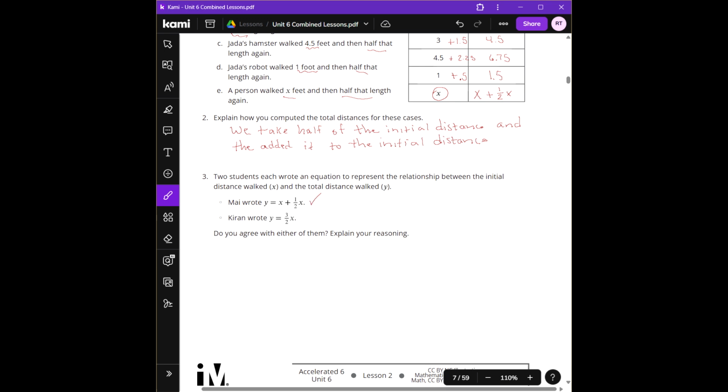Basically, if we look at y equals 3/2 x, then what we can do is turn it into a mixed number, y equals 1 and 1/2.